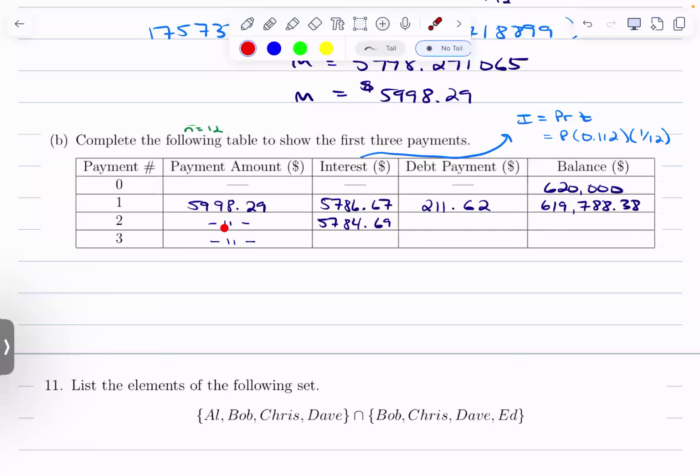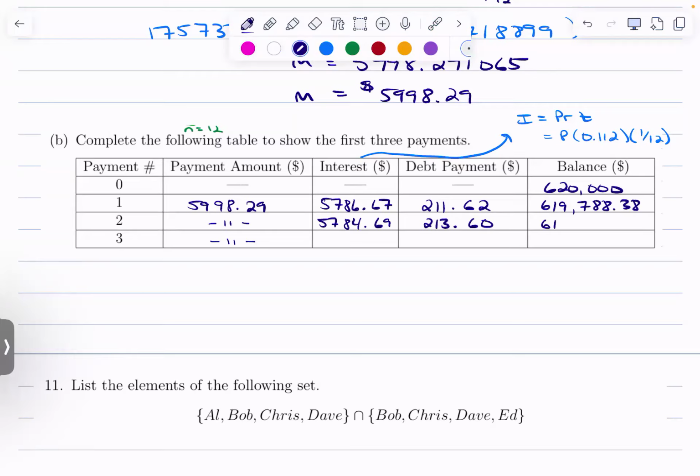So now taking from the payment amount, 5998.29 minus 5784.69. Now I'm paying off $213.60, chipping away at the 619,788.38. 619,788.38 minus that guy.